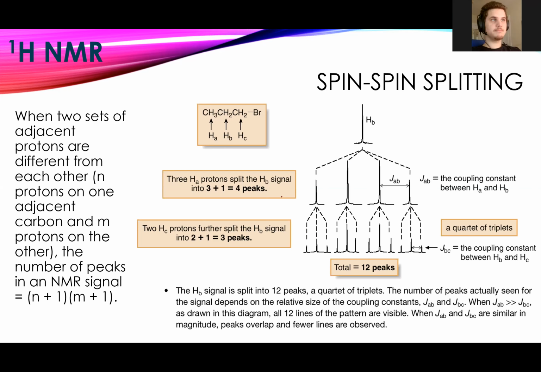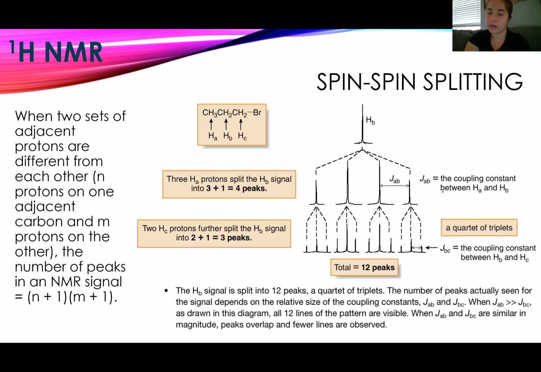So what decides what would be the, I guess in this instance, the broader quartet and what would be the localized triplets? So that's going to be based on the coupling constant, which is a value that can be determined experimentally through NMR. And it can also be a value that you could look up.